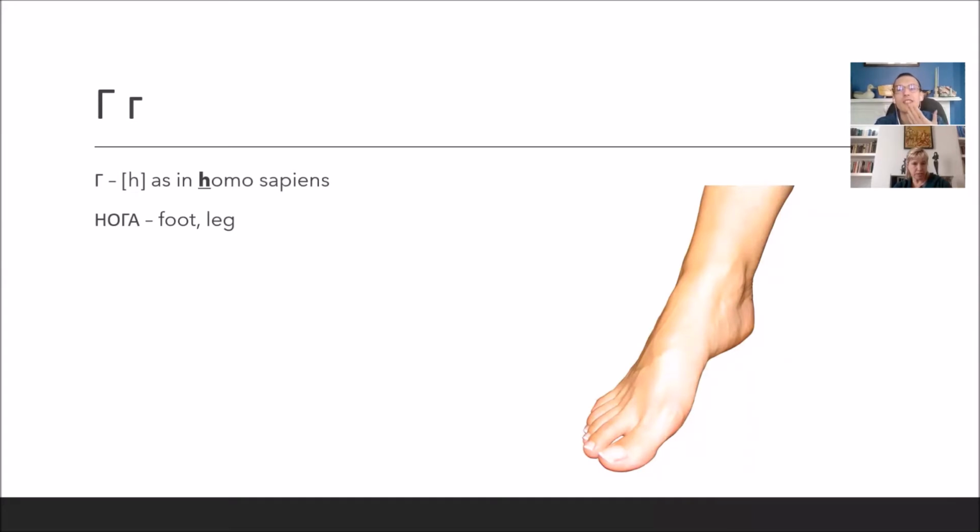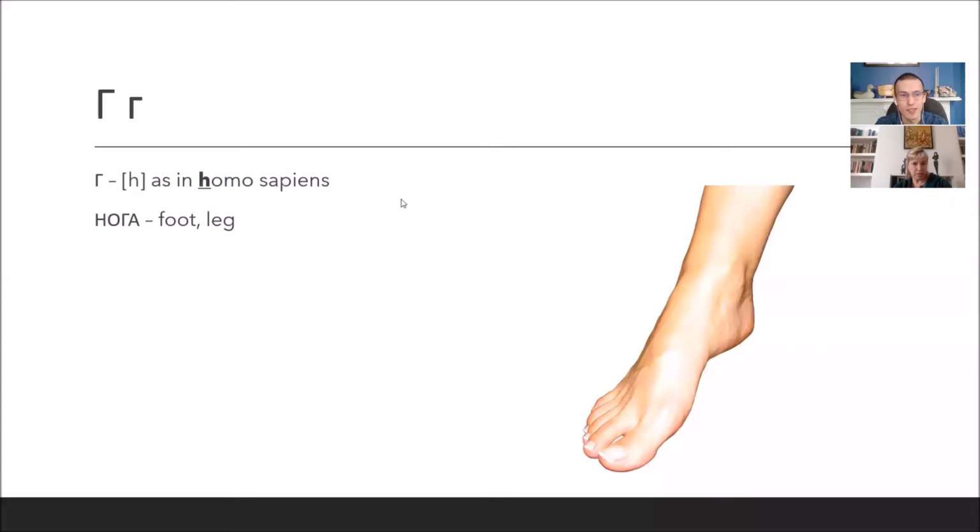The other H is when it comes up and then goes down. So this is H as in Homo sapiens. And the word using this particular letter is noha. N, O, H, A. Noha, which means foot or leg. There is one word for it in Ukrainian.